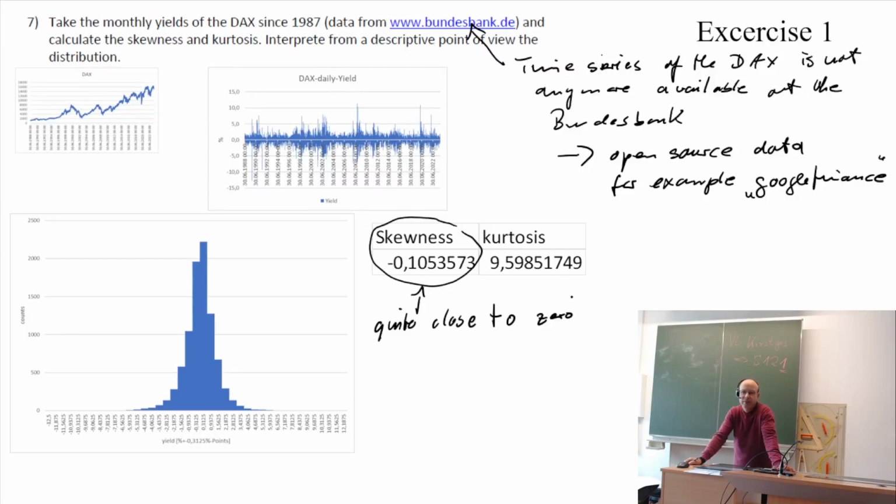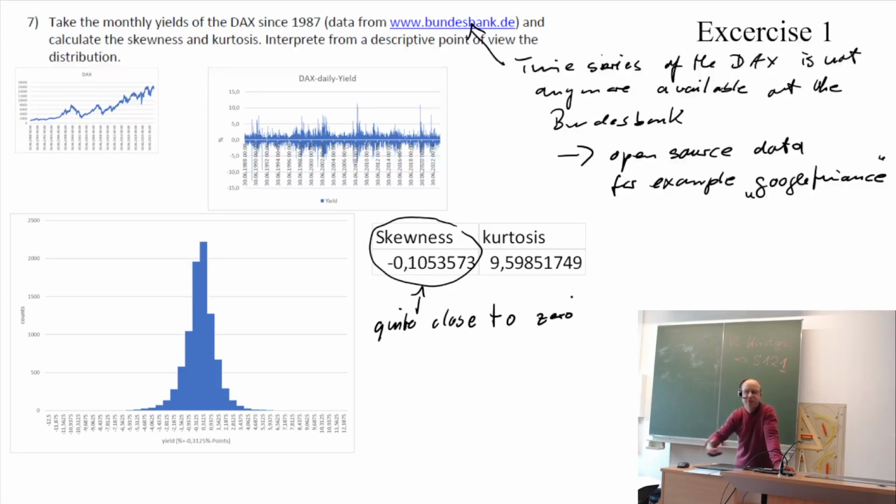And so we see that we have a highly symmetric distribution of the DAX performance over the last 30 to 40 years. Well, this is also not very surprising since we think that the stock market, in the theoretical way, is more or less a perfect market.